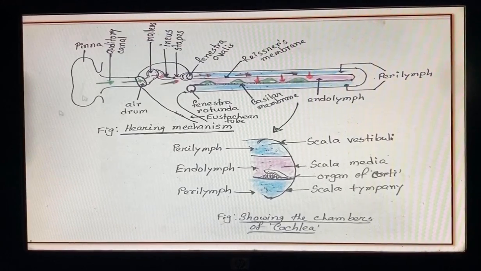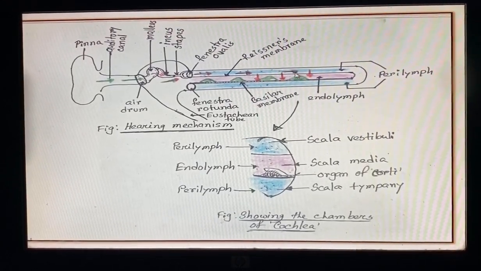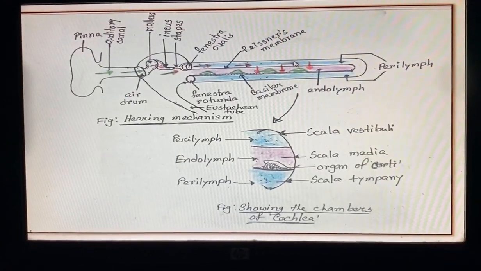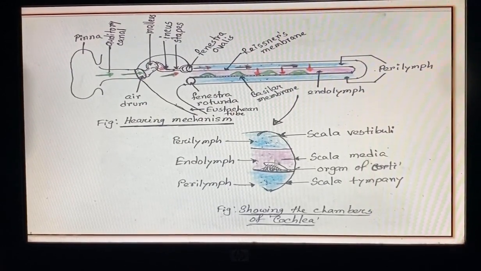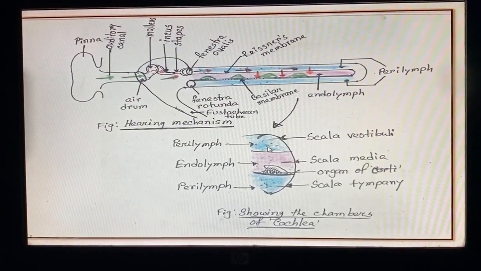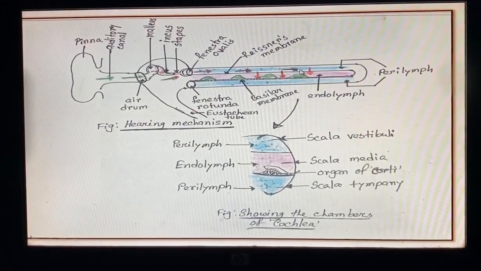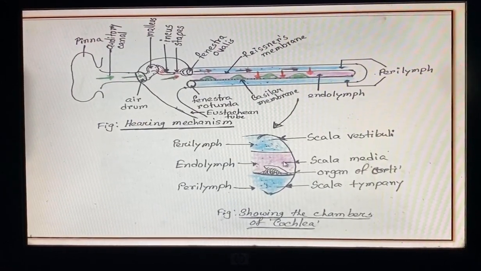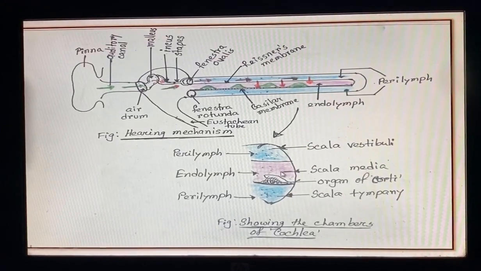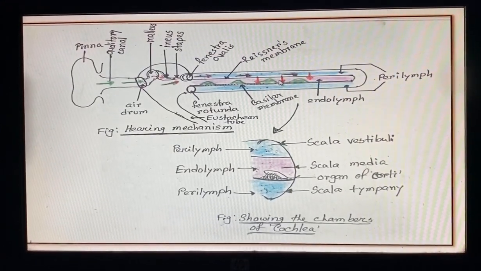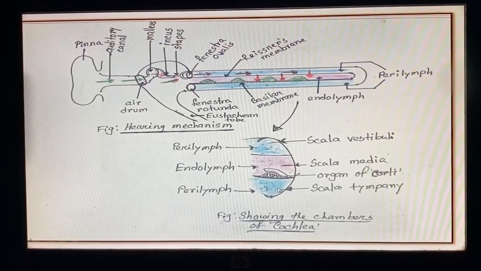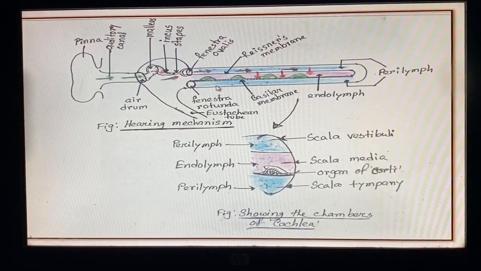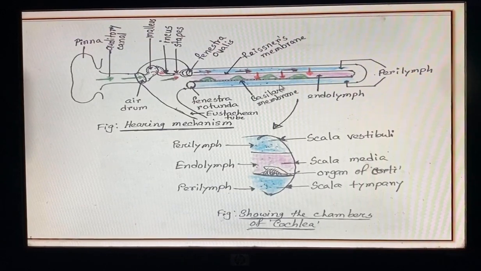There are three chambers, you already know, right? There is the section of these three chambers here. The blue colored chamber here showing the scala vestibuli means this one, right? And the middle one is the scala media, means this layer, and the last, scala tympani, means this layer or chamber, right?